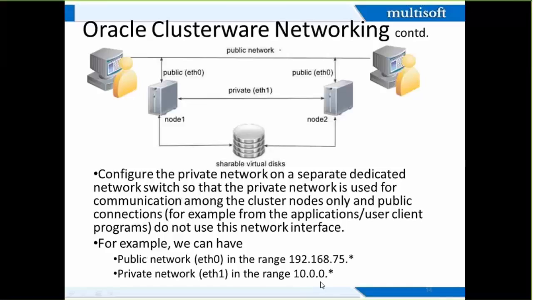Suppose you have three nodes, then 10.0.0.123, anything. So configure the private network on a separate dedicated network switch. The private network is used for communication among the cluster nodes only. For public connections, for example from an application user client program, do not use this network interface.